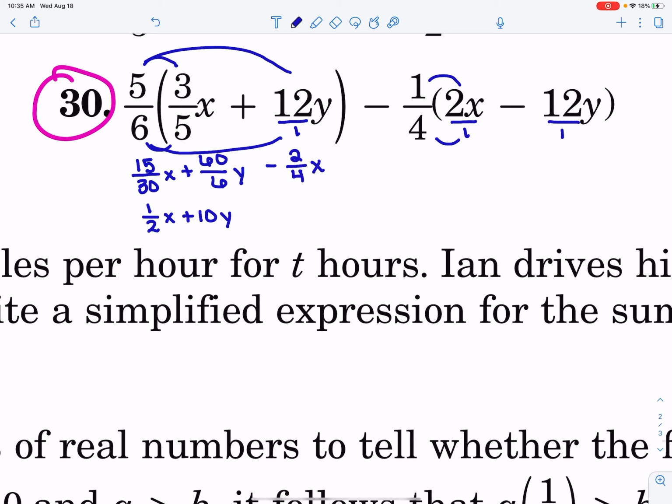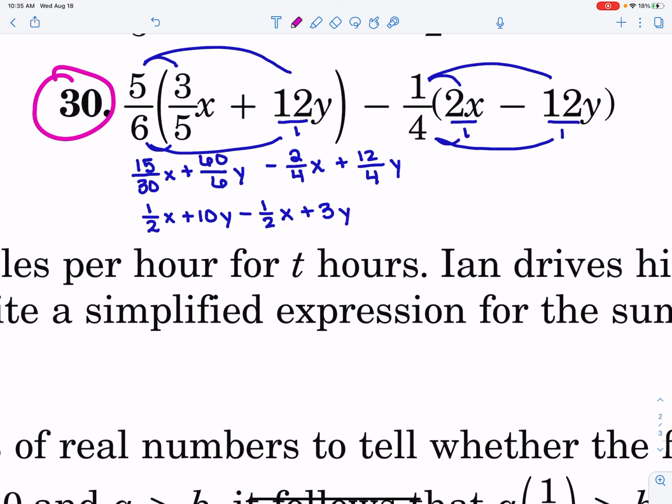That's an x. That can be reduced to negative 1/2 x. Negative 1 times negative 12 is a positive 12. 4 times 1 is 4, and there's a y variable there. That gives us positive 3y.